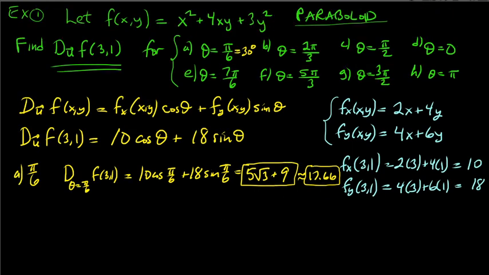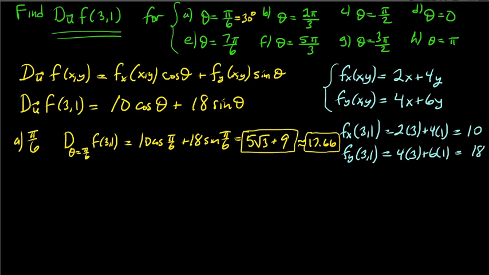So, all right, part B, theta is 2 pi over 3. So now the directional derivative in the direction of 2 pi over 3 at the same point, 3, 1. Well, cosine of 2 pi over 3 is negative 1/2, so that's going to be negative 5.